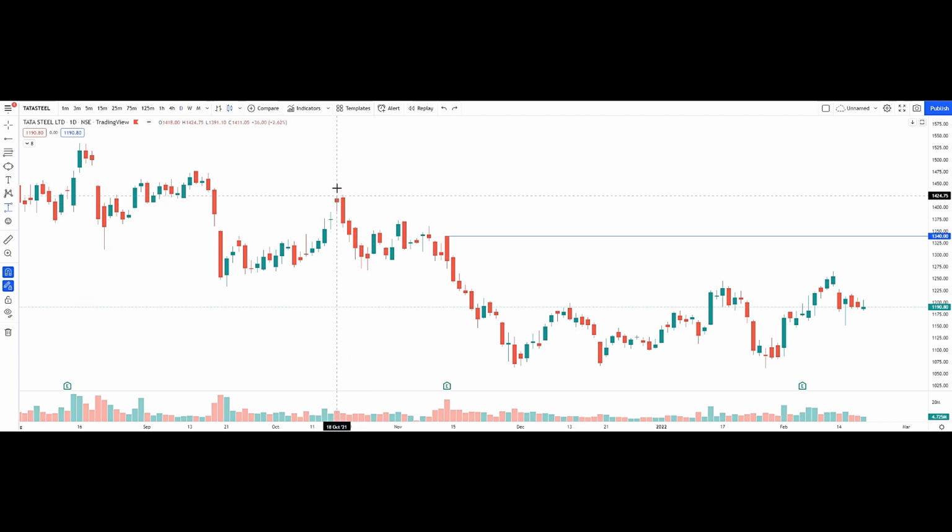At this place this candle is showing red color, but actually it is an up bar because it is closing at a higher price than the previous day's close. But here the candle is red because the close of this candle is lower than the open of this candle. You can select whichever way you want, but usually I prefer to select color for the same day with respect to the opening of the same day.